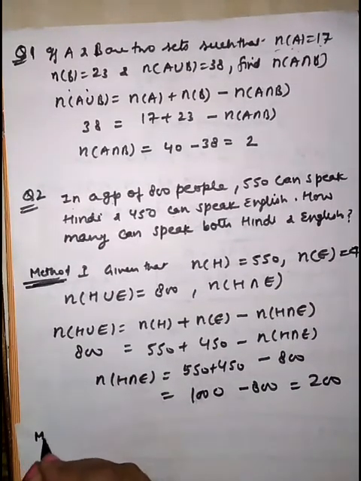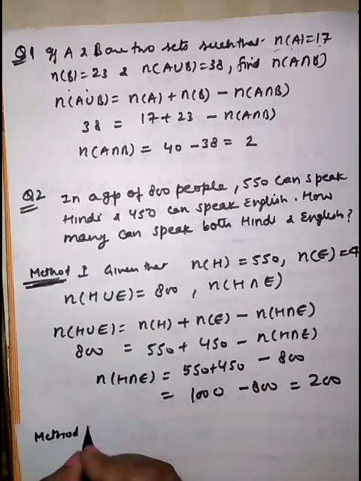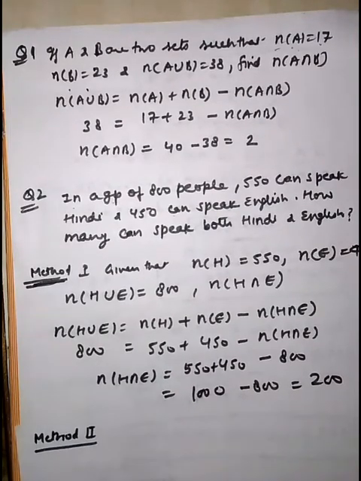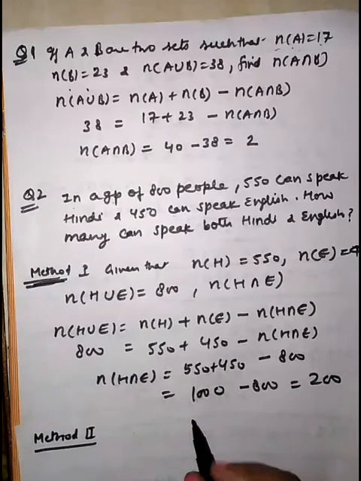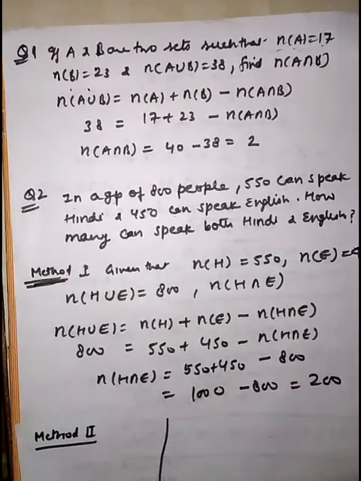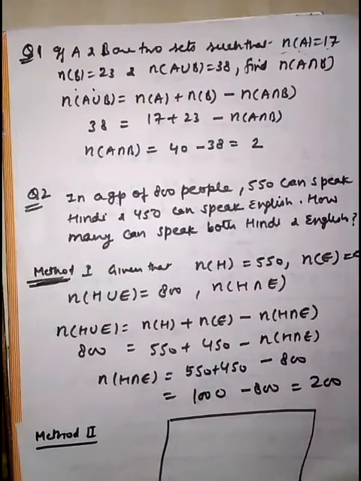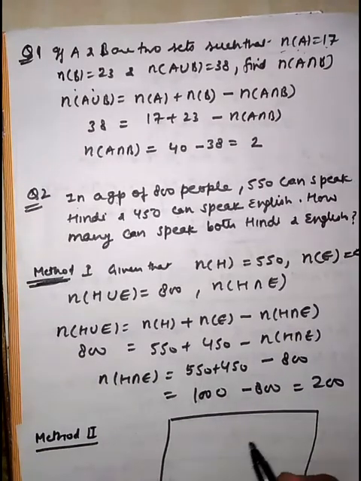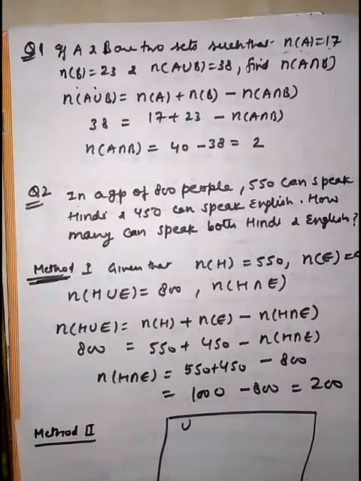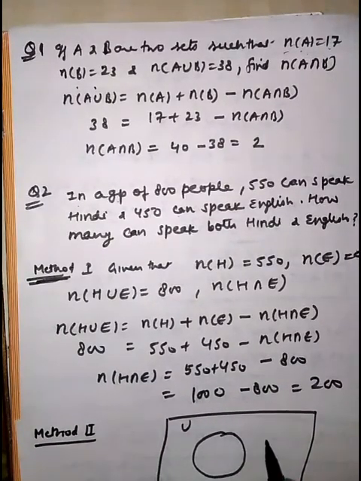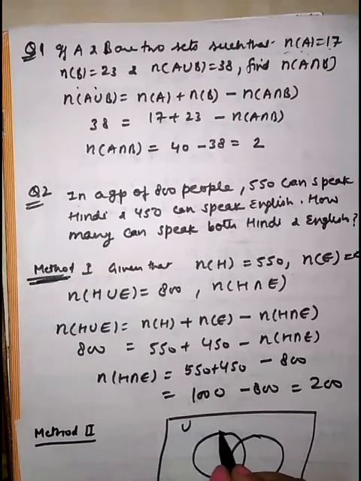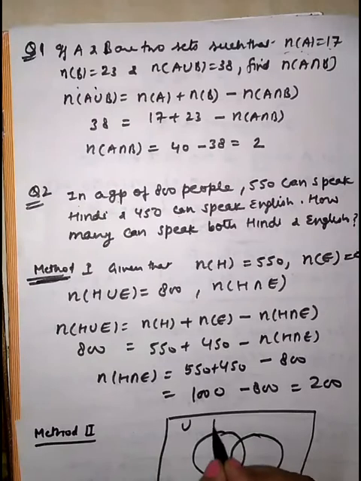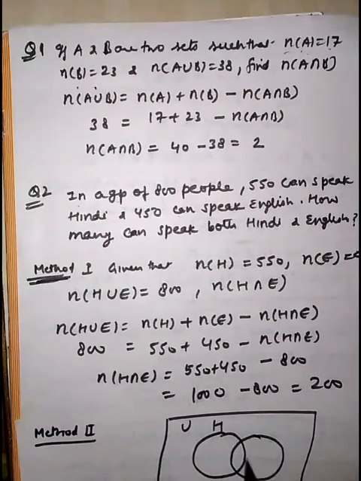Now the second method. This question is solved by the second method using a Venn diagram. So friends, firstly make the universal set. Here, given set A, this is A, and given B, this is your B. A shows the Hindi set, and this shows the elements of English.